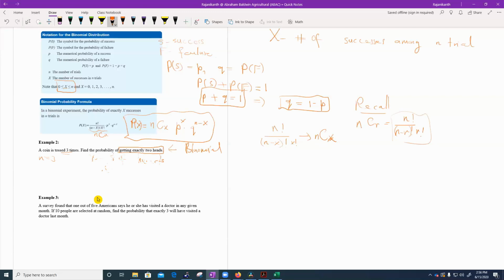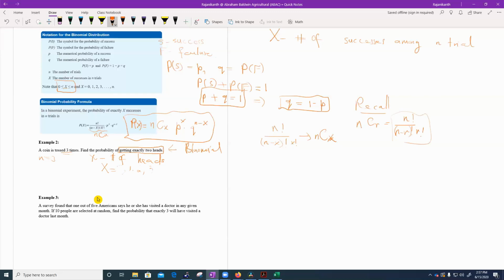So you may have heads or you may not have throughout all three tossings. If you get no heads, then x may be 0, or x may be 1. You may have one head among three, or you may have two heads, or you may have three maximum, right? So therefore, the possible x values are these.